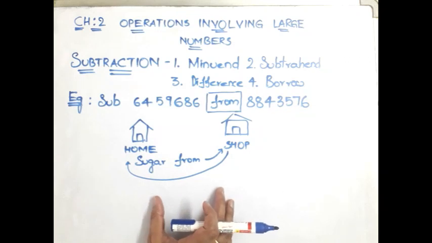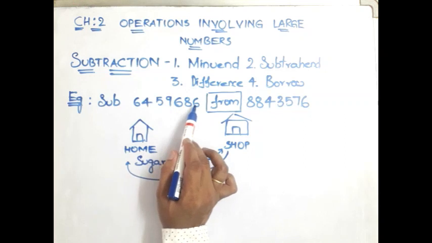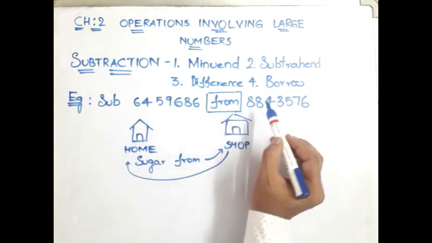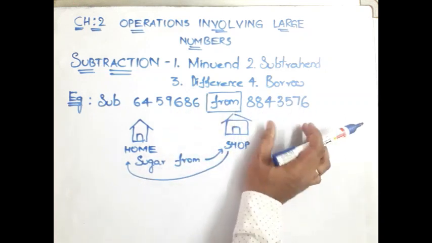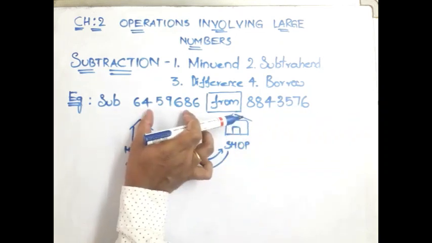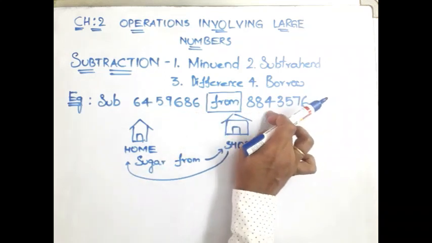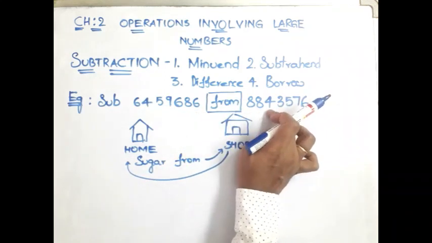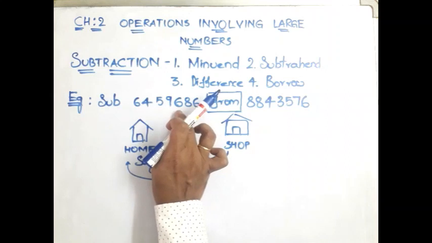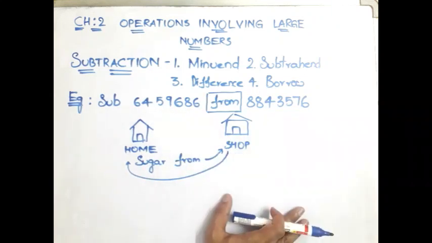Here also, subtract 64,59,686 from 88,43,576 says we have to subtract this from this. So first we have to go to this number, and from this number we have to subtract the first number. Don't get confused. This is the area where most of the people will make the mistake.